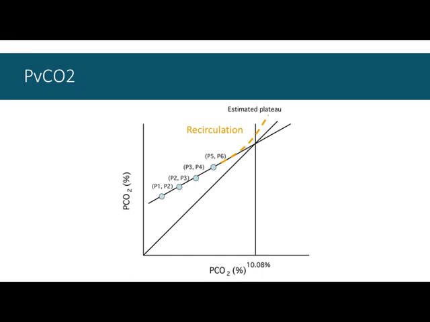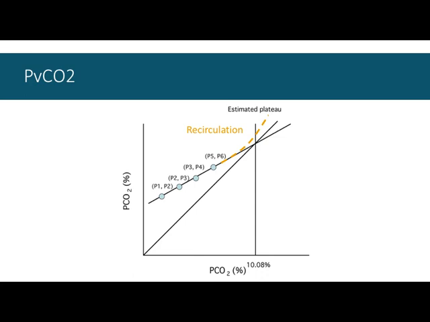The intersection point between the line of identity, which is here, and then the trace that we've generated, the difference between CO2 in two subsequent points, where they cross is equilibrium. That is, two subsequent points have the same concentration, or are at the same percent CO2.